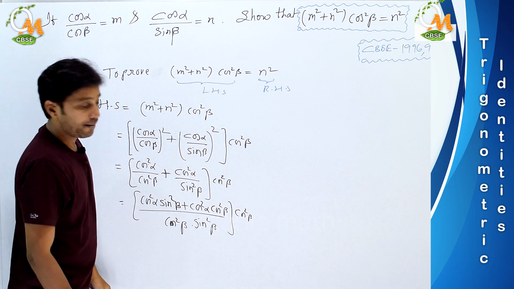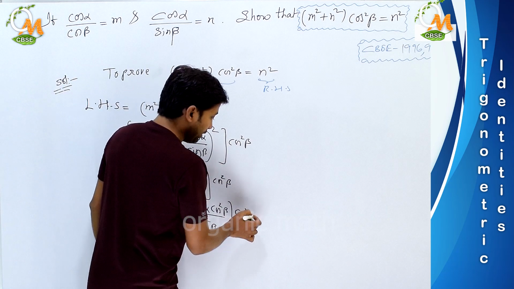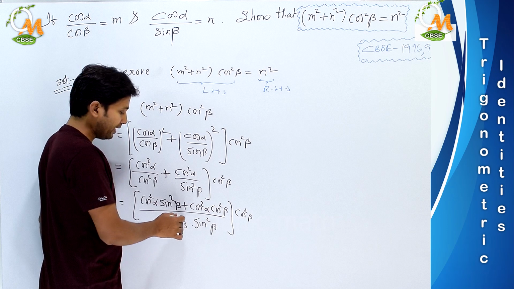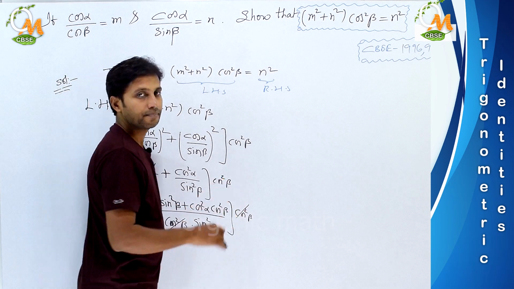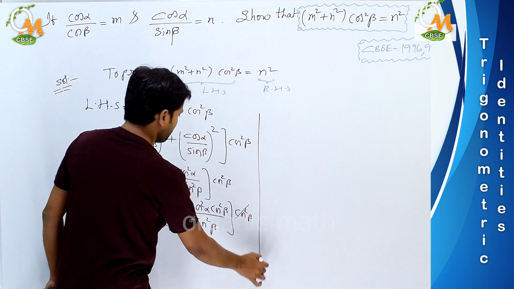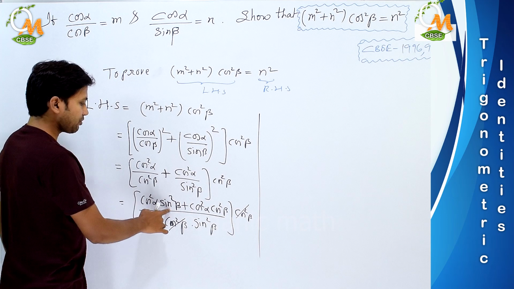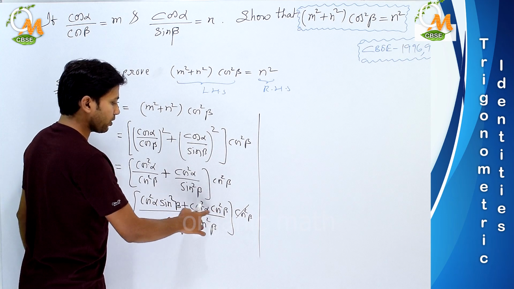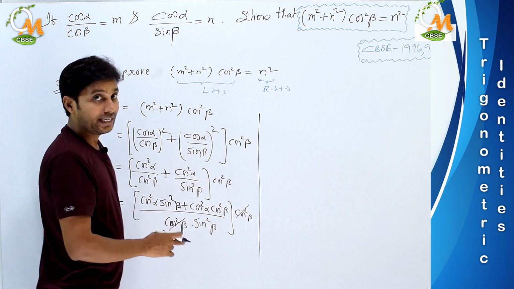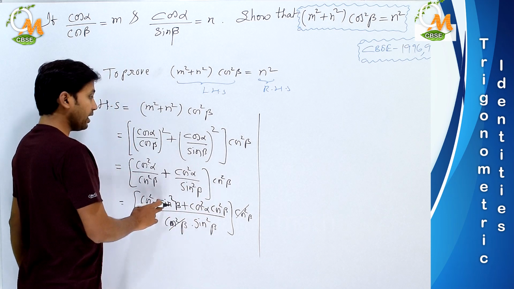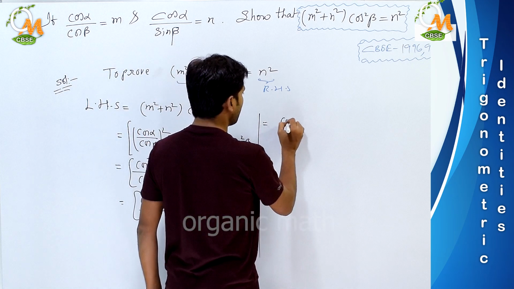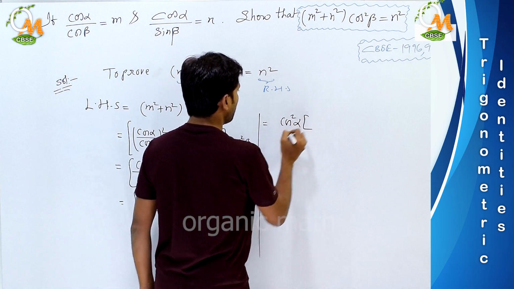I think you might have observed that in the numerator part and denominator part cos square beta is there, so we can cancel it. Here one more thing you can observe, in the numerator two terms are there, cos square alpha sin square beta and cos square beta cos square alpha, and cos square alpha is a common factor, so we can take it out from the numerator part.